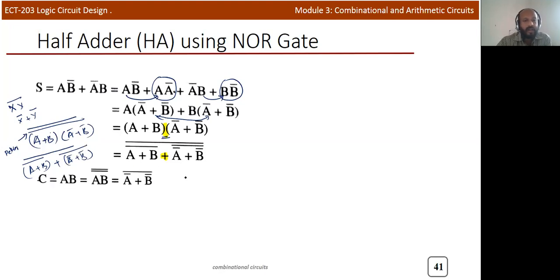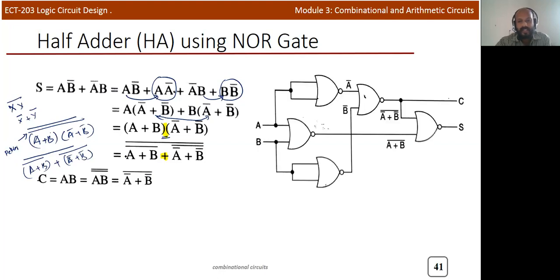And finally, AB is the carry. So AB can be written as AB the double bar. So if you apply De Morgan's law, you will get A bar plus B bar the whole bar. So now we can see the circuit diagram also here. So here we are getting A plus B the whole bar, which is equal to A bar and B bar.